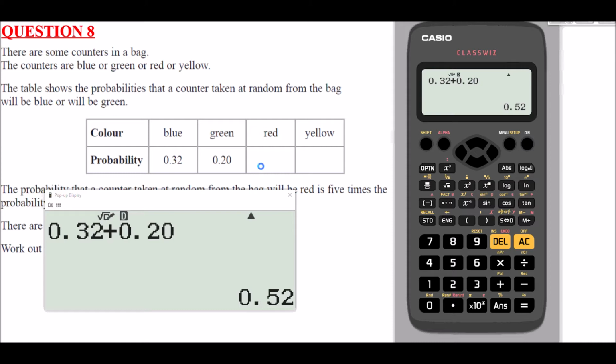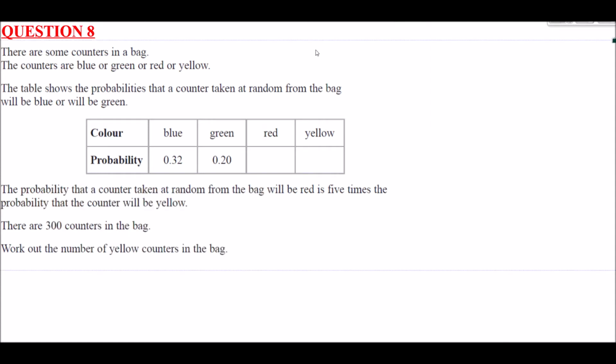So to work out what the red and yellow must sum to, we can do 1 minus 0.52, and we get 0.48. So the red and the yellow combined must add up to give 0.48. So that's the first step. So based off that, we can then set up a table for figuring out what the probability for red and yellow are.